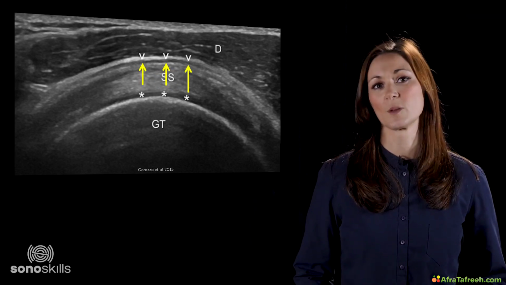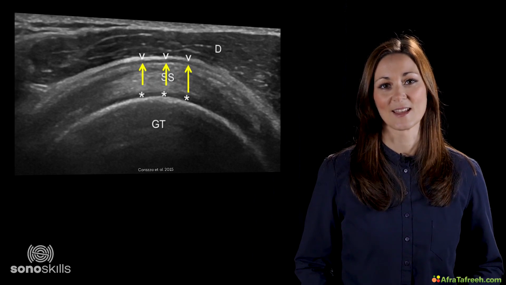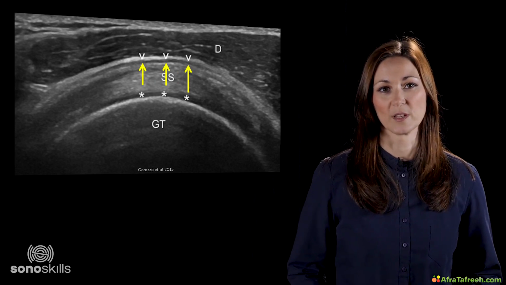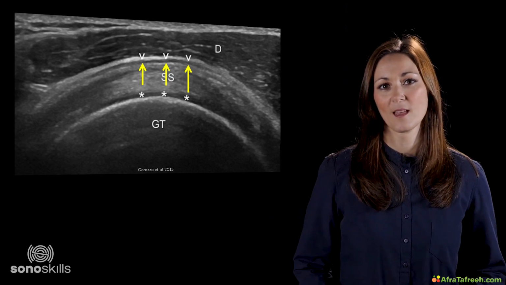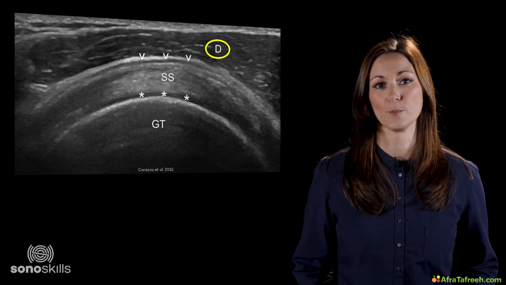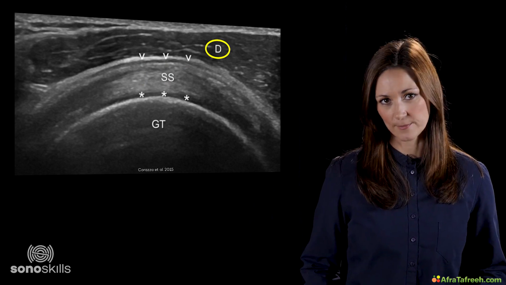The subacromial subdeltoid bursa is seen as an anechoic film of fluid between two hyperechoic bursal sheets, and the hypoechoic deltoid muscle indicated with the letter D.